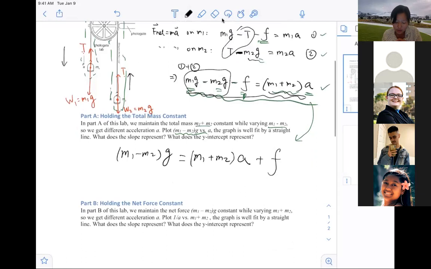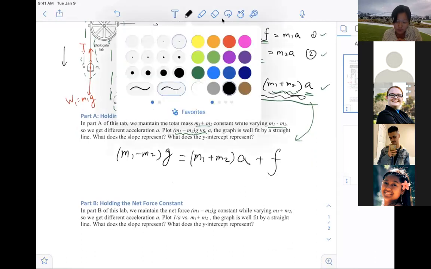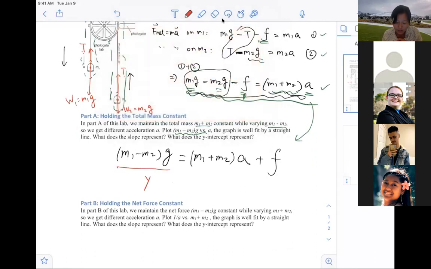So you can see that what we're trying to plot is Y. We want Y equal to something times, let me say K so that you're not confused by this A, so it's like KX plus B. In this case, this is my Y, this is my X, because A is different. We measure A differently using our photogate. This is our K, and this is our intercept B.